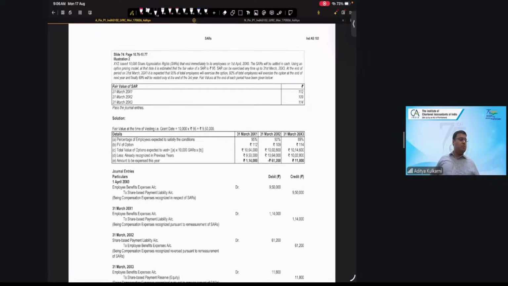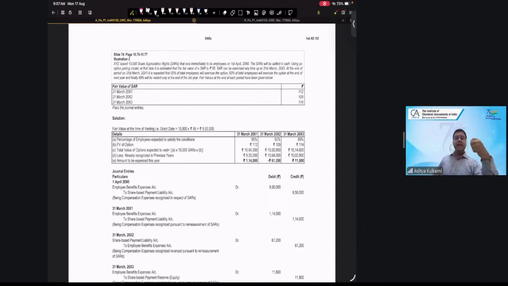Now we move to a second category of instruments, that is share appreciation rights, or stock appreciation rights. Now, in this case, your SBP liability. What is the difference between SARs and ESOPs?